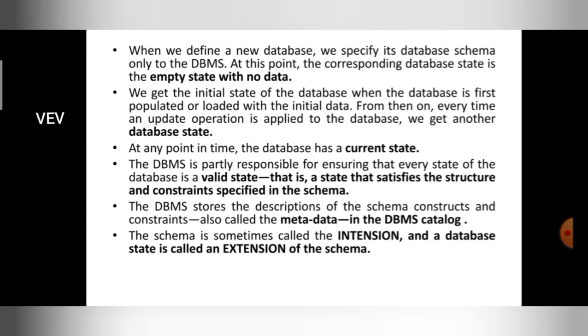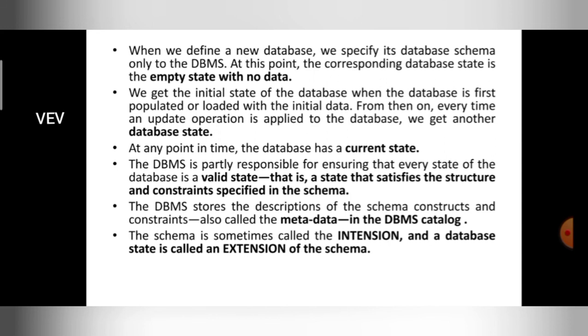No, it should not happen. If the power goes off, it should reverse back to the valid state. Your amount should not be deducted. Your amount should be properly updated. So the DBMS is responsible for that. Every state of the database should be a valid state.